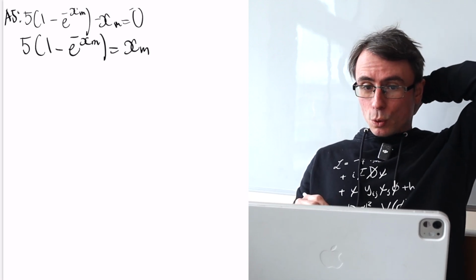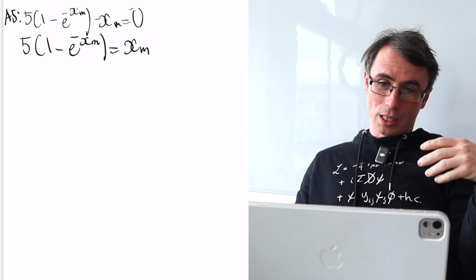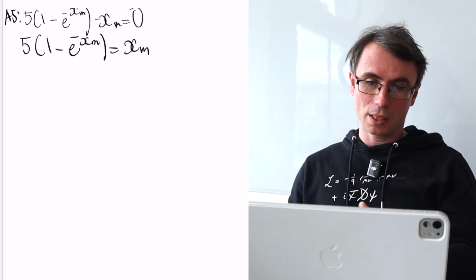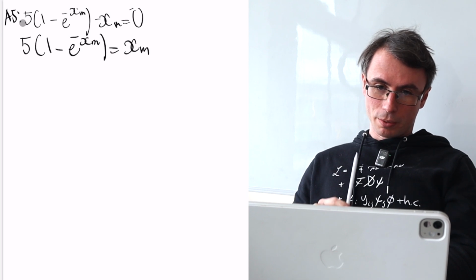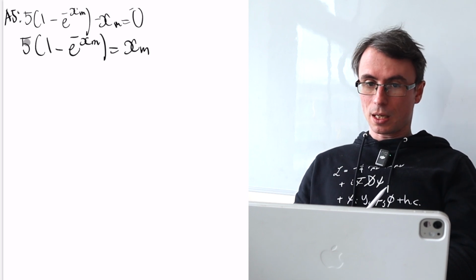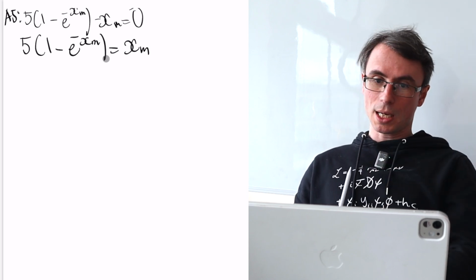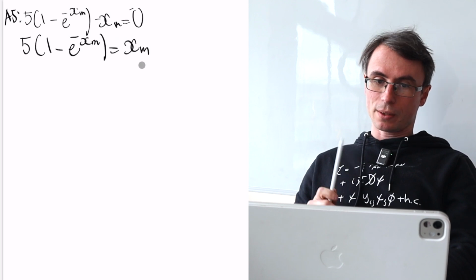The best way to do this is actually really interesting. So all we need to do is pick our required precision. In this question it is just 3 significant figures. So what we're actually doing is we're taking a number which is 5, and then multiplying that number by an exponential which dies off really rapidly, and we want it to be equal to xm.